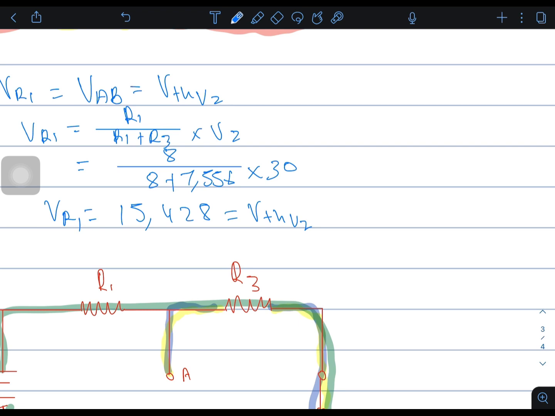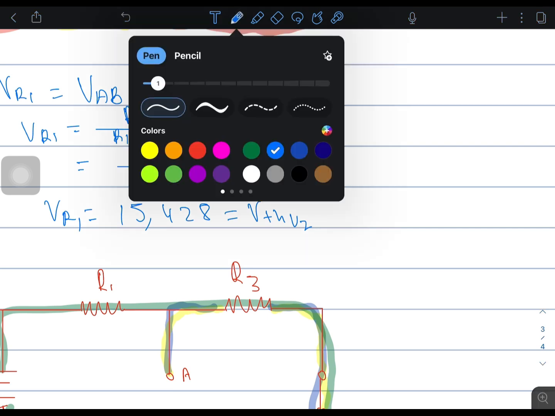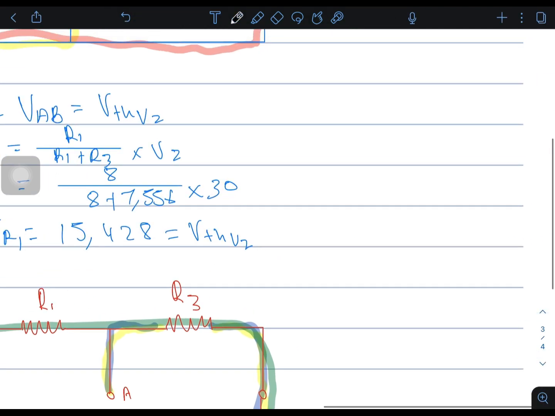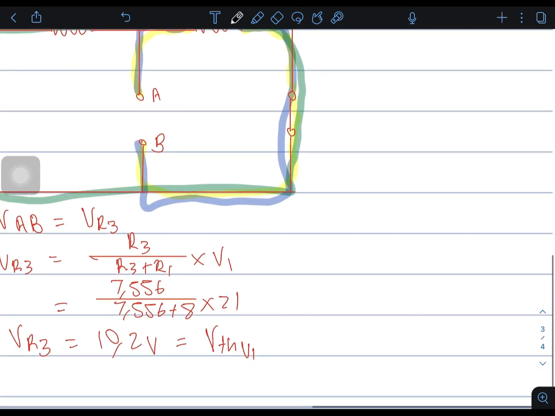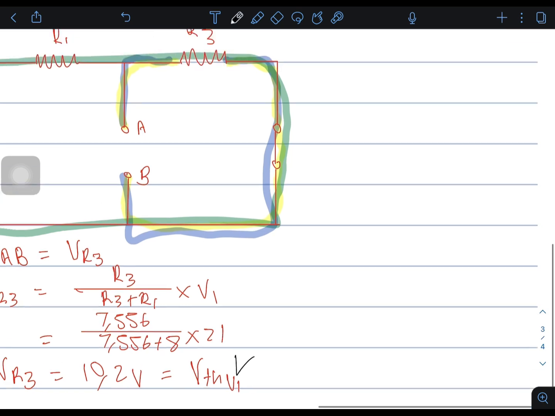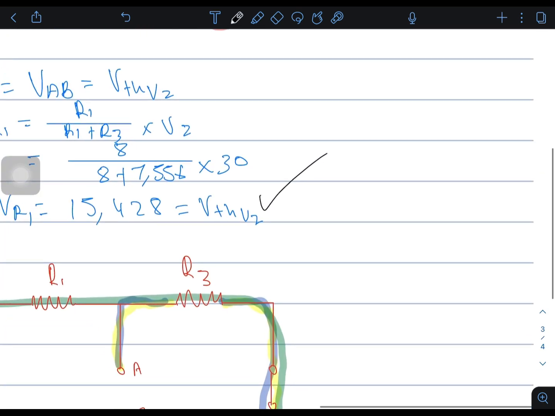Now that we have found the Thevenin voltage due to V2, we have basically found the Thevenin voltage due to both sources, because this is a multiple source circuit. To find the resultant Thevenin voltage, we calculate the difference.